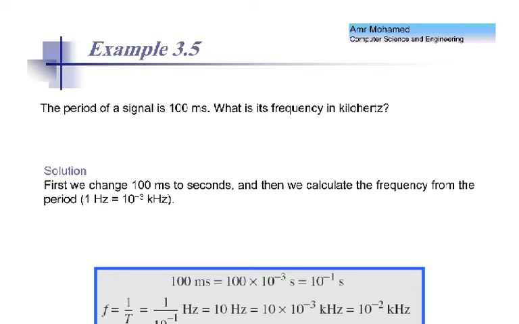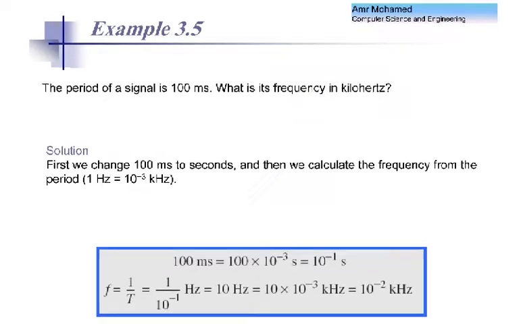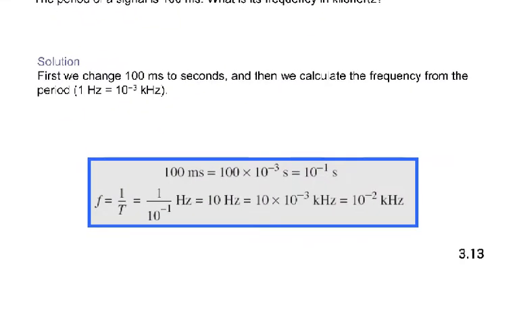So for the period of a signal, the reverse example, if the period of the signal is 100 milliseconds, so the frequency is 1 over T, and T here, remember, is 100 milliseconds, which is 0.1 second.